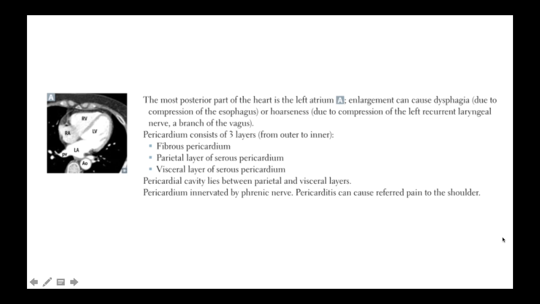And taking a little page out of First Aid here, just a different view of the heart from above. The most posterior part of the heart is the left atrium, as we can see.